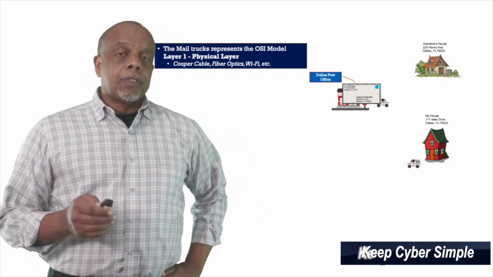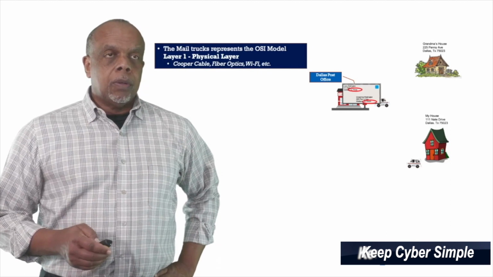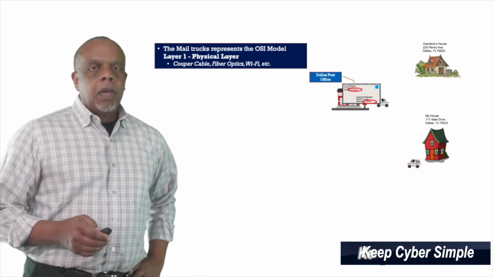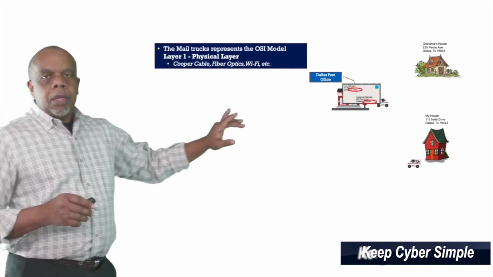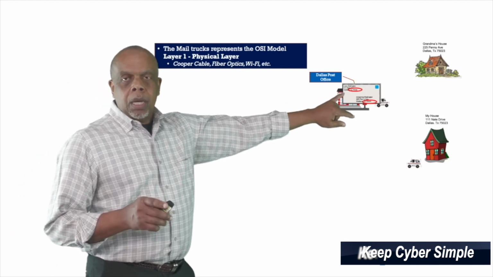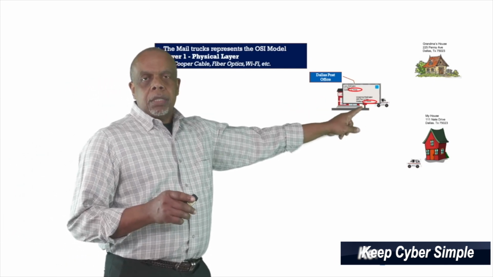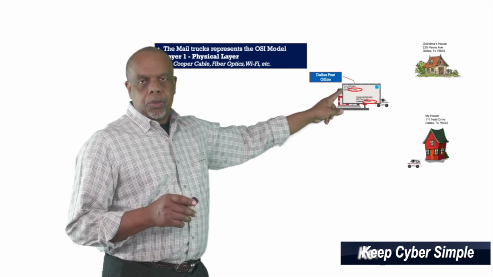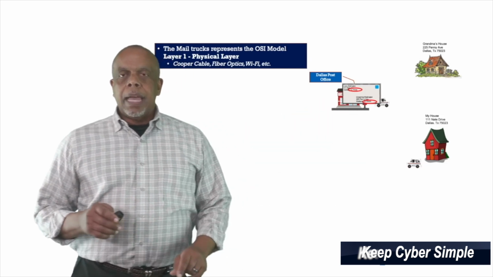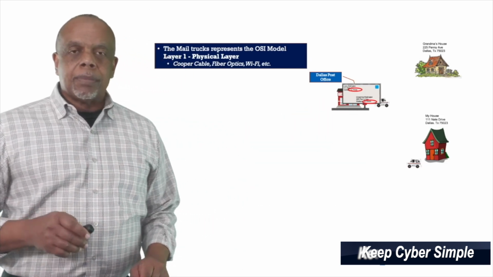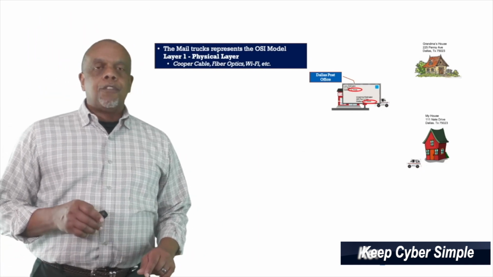This local post office does something pretty special, okay? Here's what they do. They look at the zip code of the destination address and the source address. Now, that zip code, if you notice, is the same, 75042.